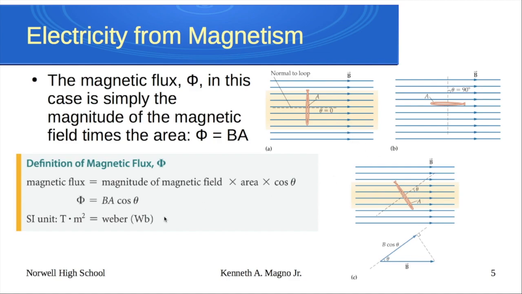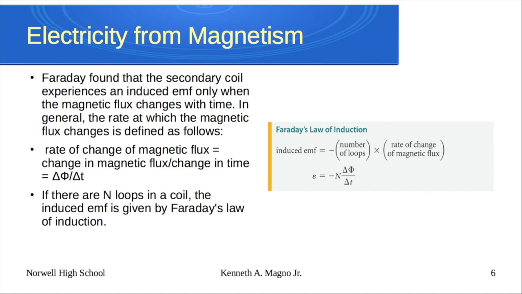Now the unit we're going to have for flux is the Weber. A capital W, lowercase b is what we use for Weber, and it's the same as a Tesla meter squared. Faraday figured out how much induced EMF, or electromotive force, comes out of changing that flux through the coil. EMF is kind of like voltage, that electric potential.